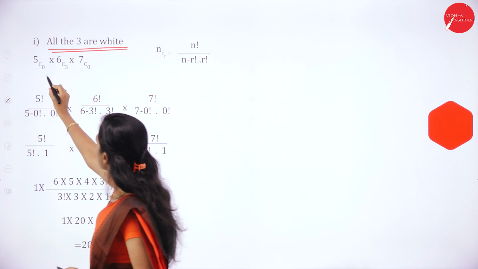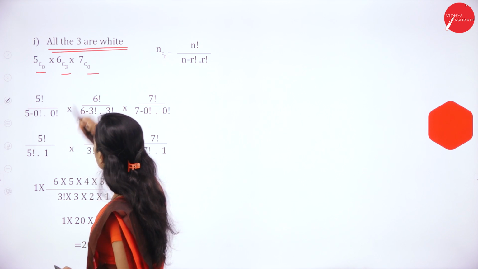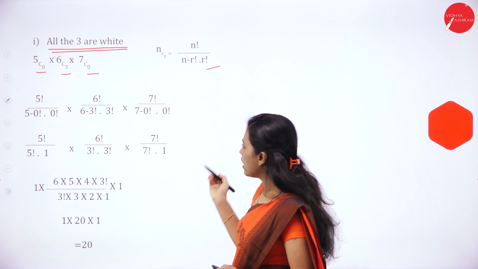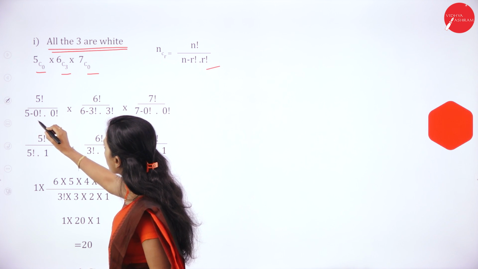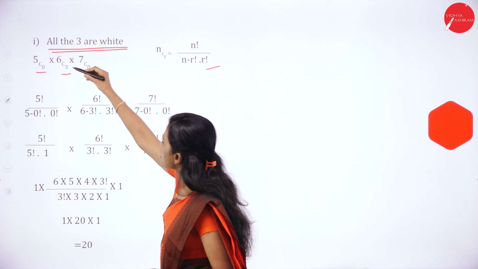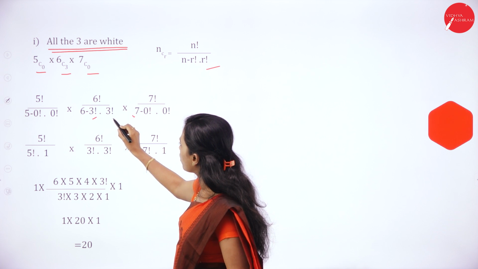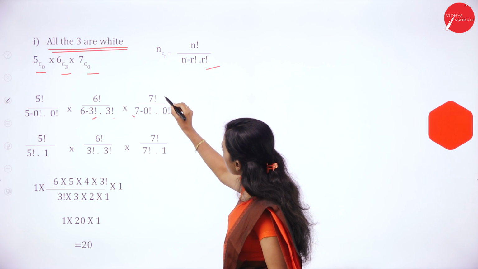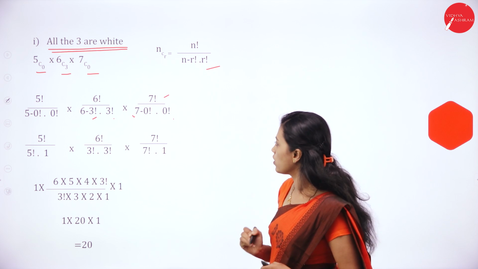See, 5C0 into 6C3 into 7C0. Now we will apply the combination formula and we will solve it. 5C0 means 5 factorial divided by (5 minus 0) factorial into 0 factorial, into 6C3 means 6 factorial divided by (6 minus 3) factorial into 3 factorial. 7C0 is equal to 7 factorial divided by (7 minus 0) factorial into 0 factorial.